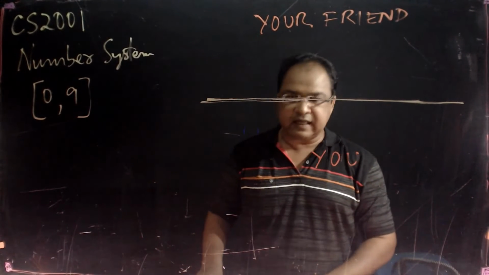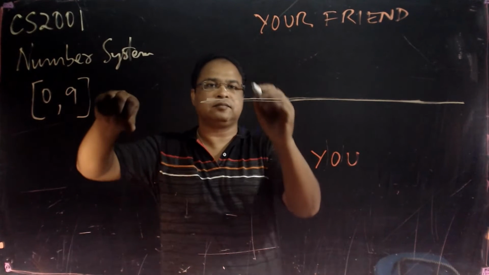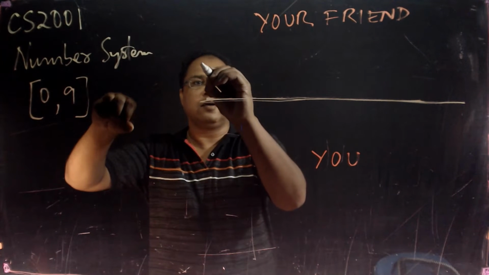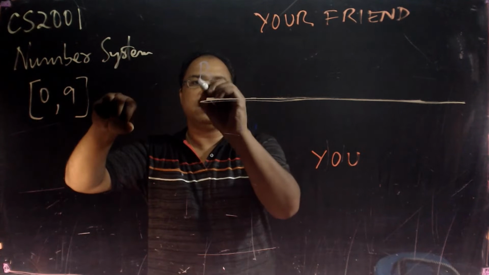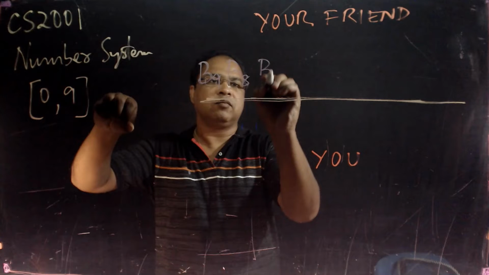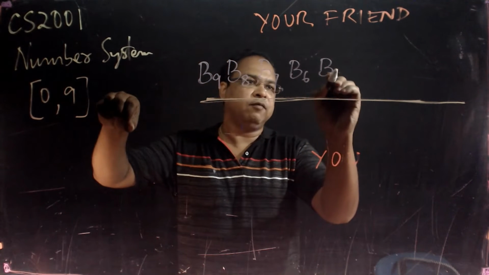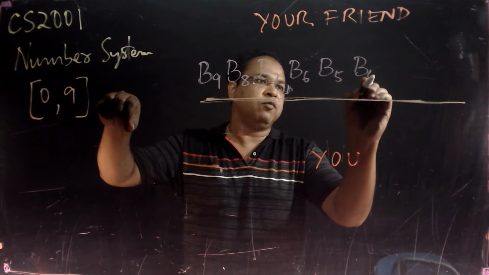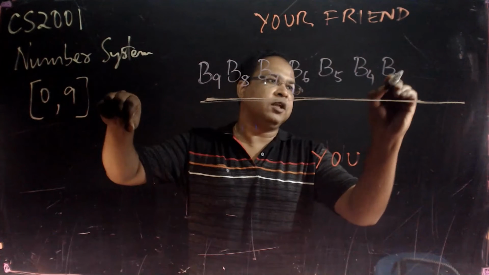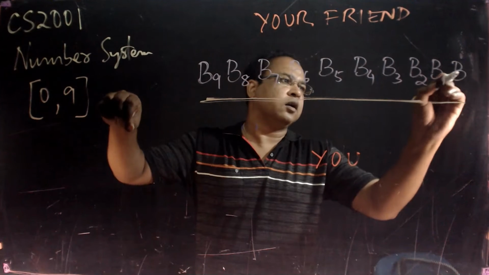And let us have 10 different bulbs. I'll start with B9, B8, B7, B6, B5, B4, B3, B2, B1, B0.